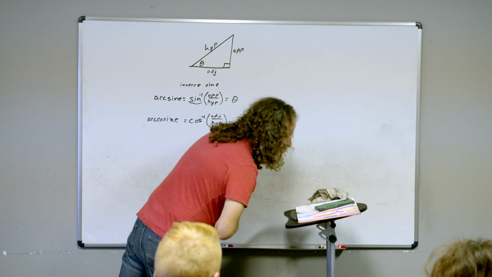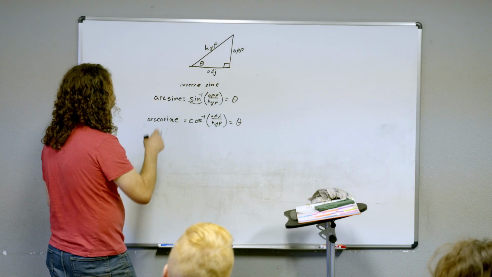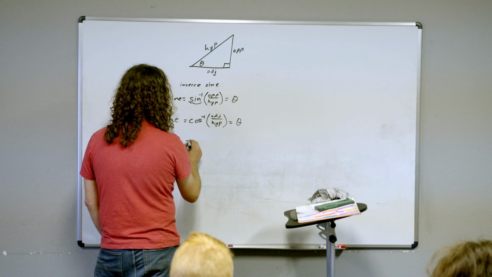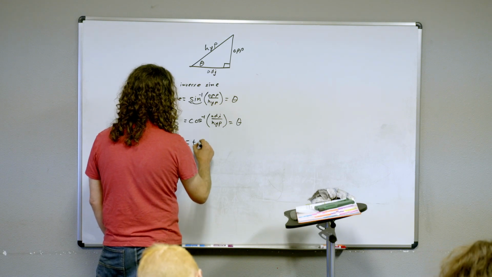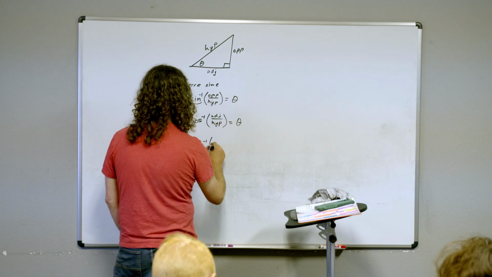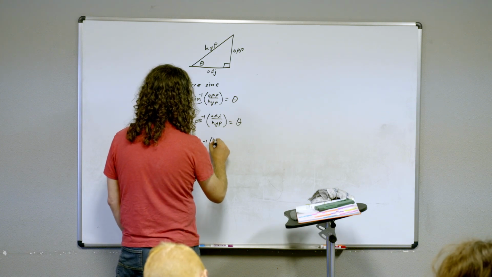They don't use that word at all, but we'll pretend like it is. You can look it up and prove me wrong later. And the inverse tangent works the same way. Same for all the reciprocal ones, but we won't usually use those.